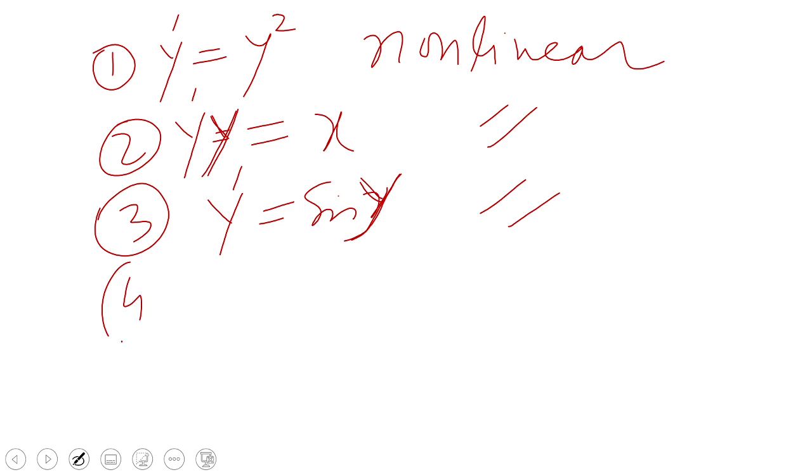And number four, which I left from the previous slide: if I have a non-linear power of the derivative, let's say it is squared, and that is equal to y.